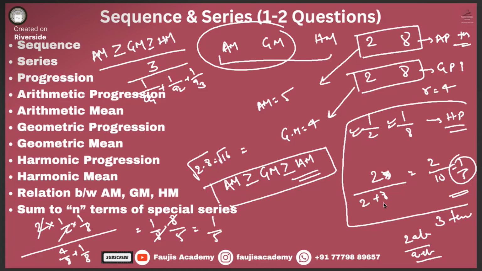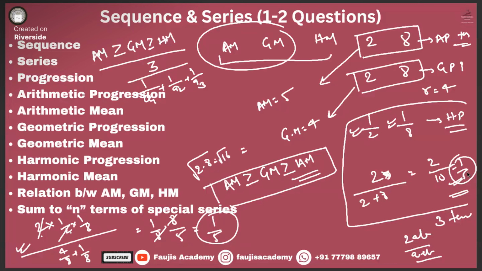That means 2 divided by 8 plus 2 is 10, so 1 by 5. Over here, I have done it by the formula 2AB by A plus B. Both the cases we are getting 1 by 5.